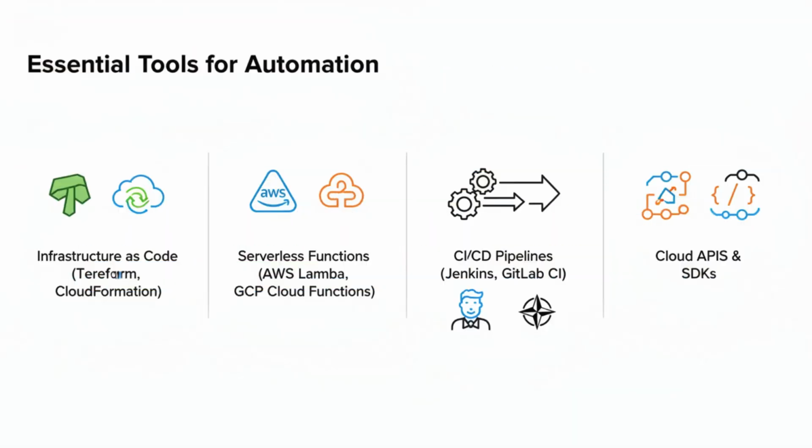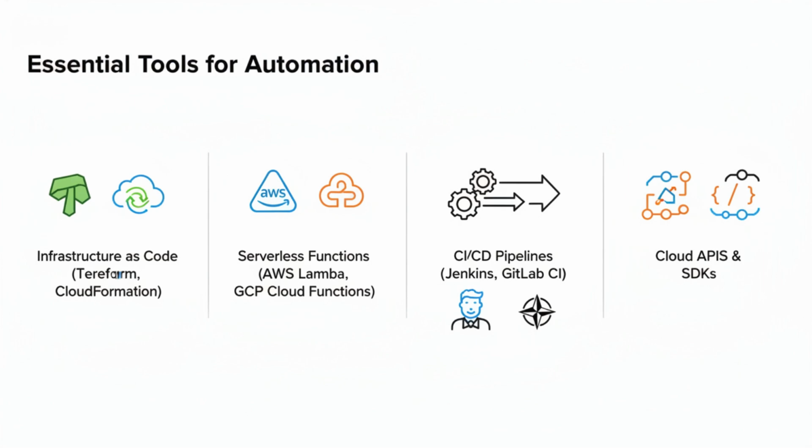Implementing this automation requires the right toolkit. Infrastructure as code tools like Terraform or CloudFormation are fundamental for defining and managing your cloud resources, making their eventual teardown equally declarative. Serverless functions such as AWS Lambda or GCP Cloud Functions are perfect for executing event-driven teardown logic without managing servers.